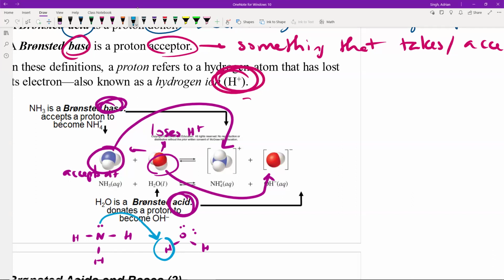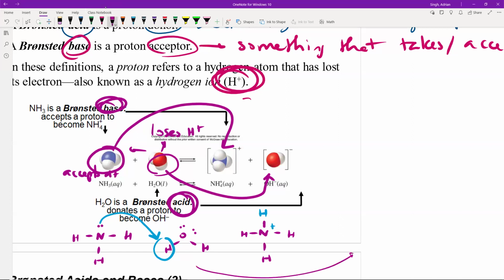If you attach that H plus onto the NH3, what you end up with is still the NH3. All we've done is add an H plus onto it. And there's my H. Because I added an H plus, this is going to have a positive charge, right? NH4 plus.